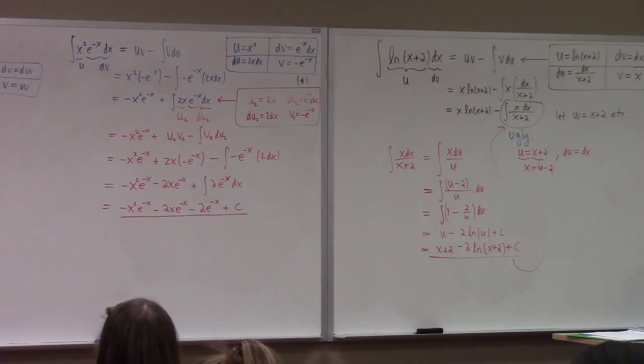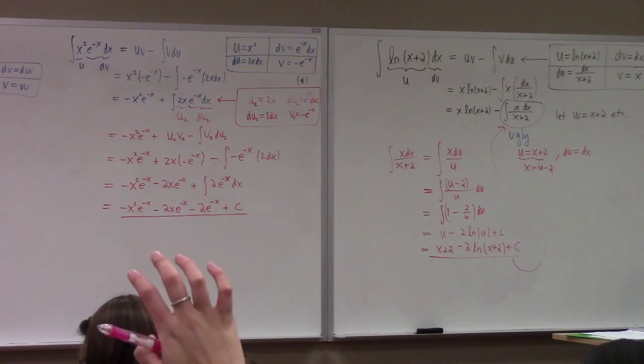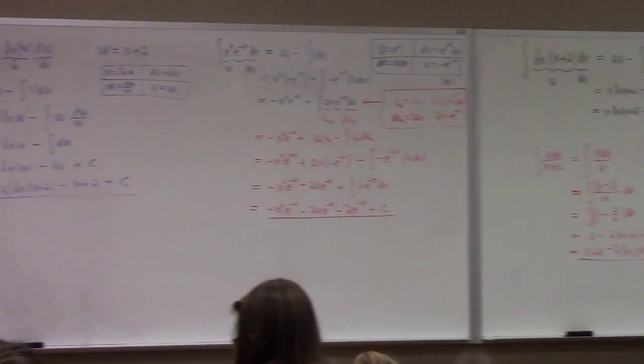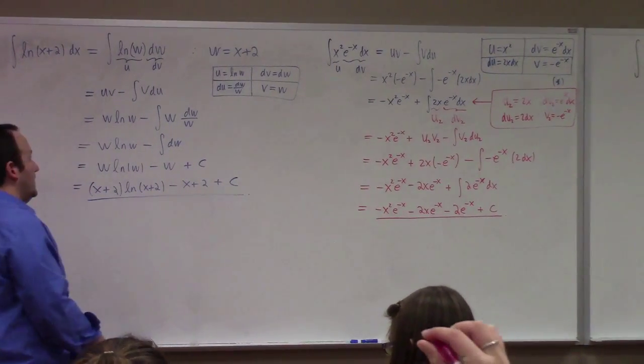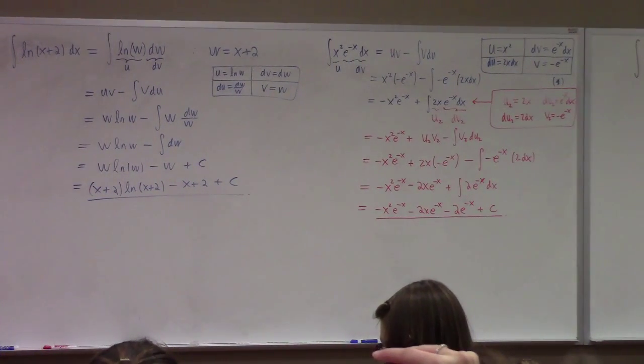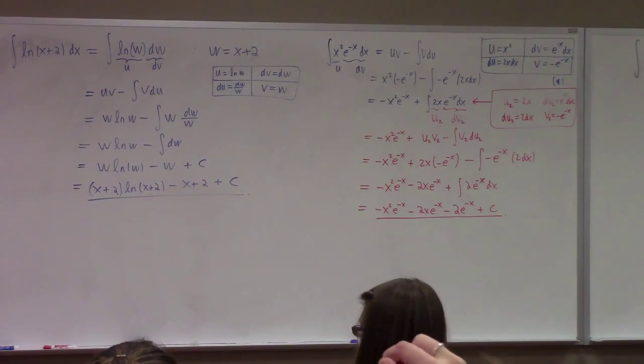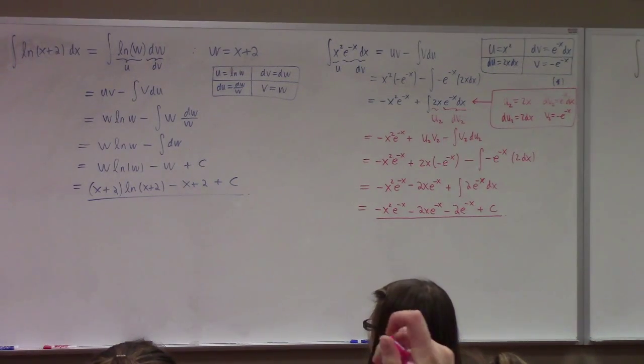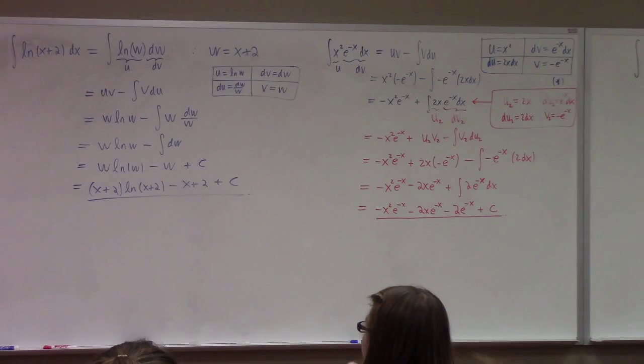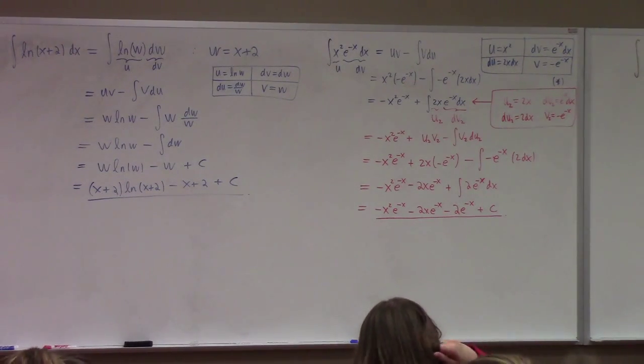Is it the only time you can substitute your x plus 2 with w when you have a natural log or regular log? Or can you do it other times? I think this is generically a good strategy. If I was so malevolent as to ask you something like the integral of x plus 3 times e to the x plus 3 dx, then a smart move to start with would be let w equal x plus 3.